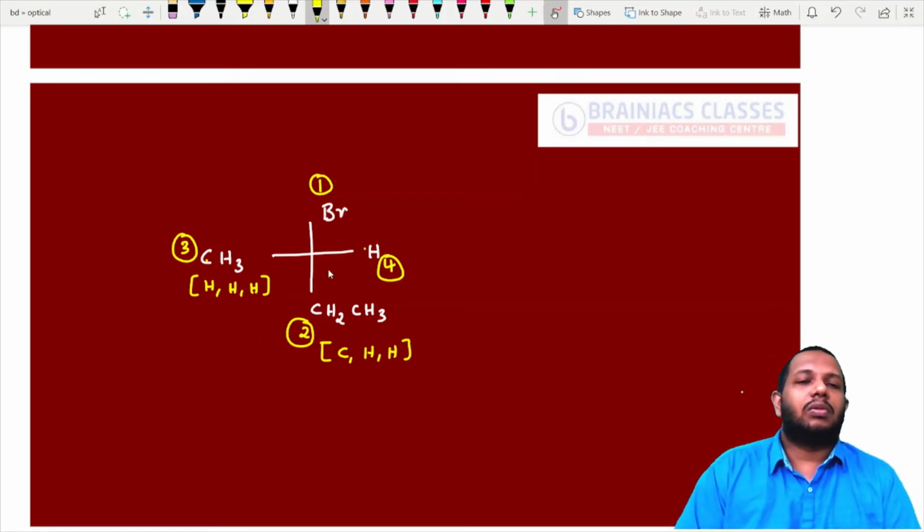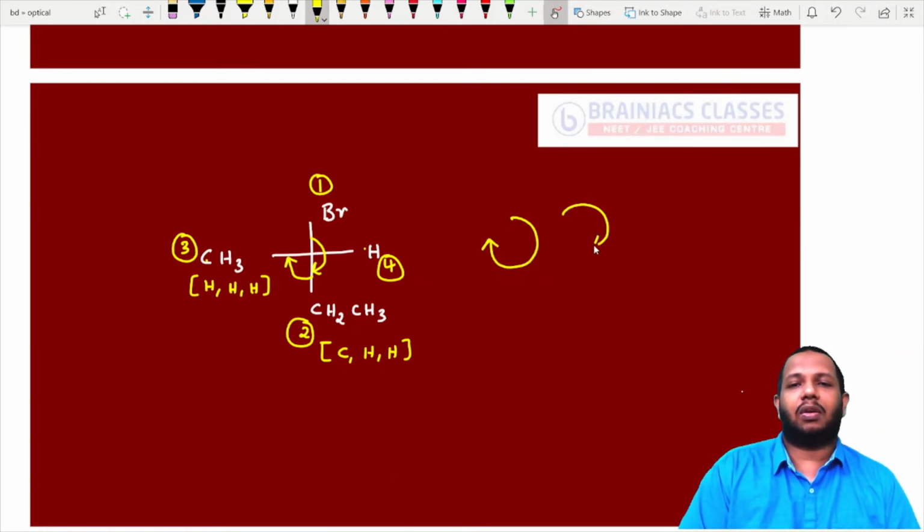Now you rotate it. We know that first priority comes for the bromine atom, correct? And second priority for this one. So we say 1 to 2 and 2 to 3. In what direction is it rotating? It is rotating in clockwise direction. And we know the least priority group is present in horizontal.